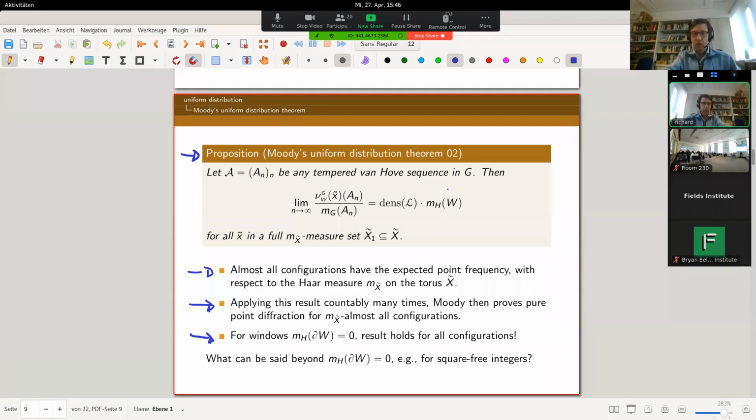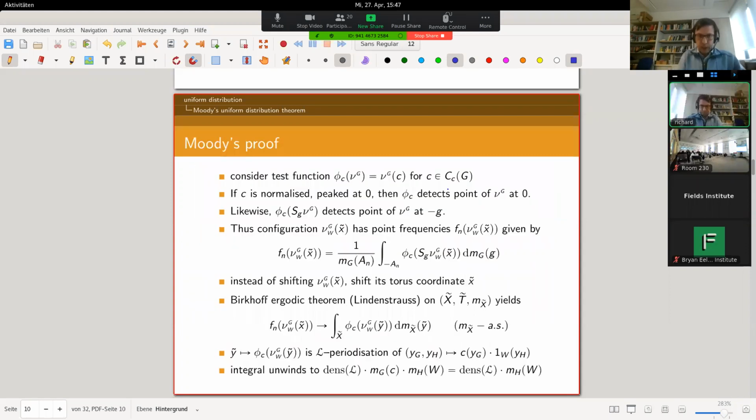So before I go on and explain a bit more about the setting, I will try to briefly indicate the proof of the theorem, which is a nice proof. What you are doing is that you have to make the connection to pattern counting, point counting, and geometry.